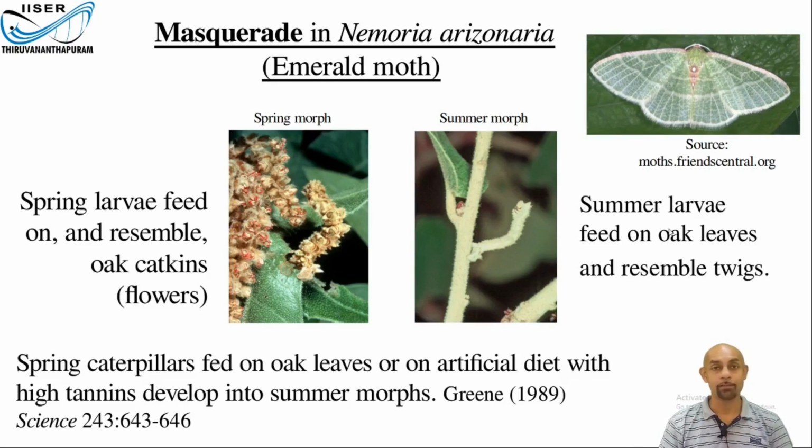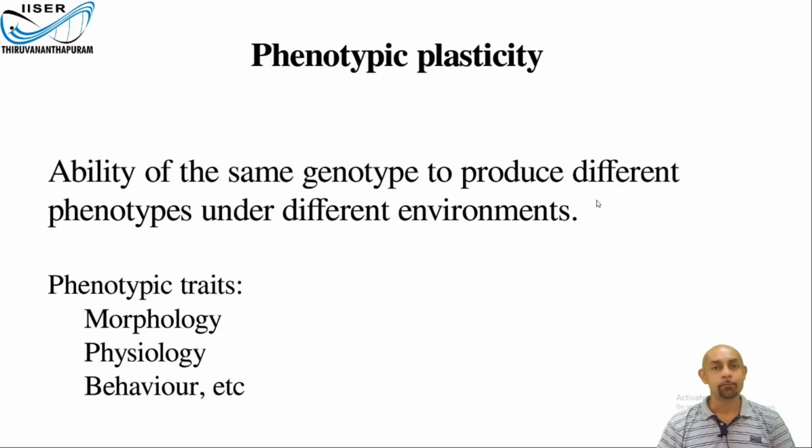The environment in this case is the diet. What we have seen is an example of phenotypic plasticity. Phenotypic plasticity is the ability of the same genotype to express multiple phenotypes depending on the environment.